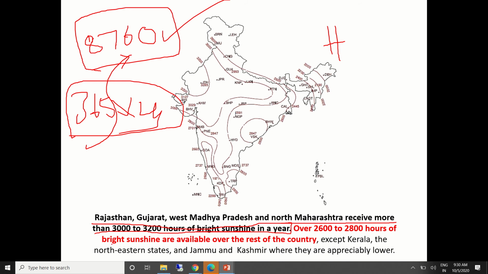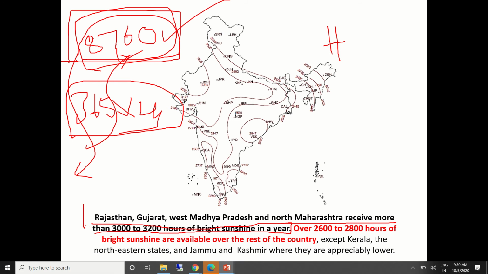In fact, when we do simulations, we use this specifically. We say that we have done 8760 hours of simulation. That means throughout the year the data is simulated for generating results. So keep that number in mind.